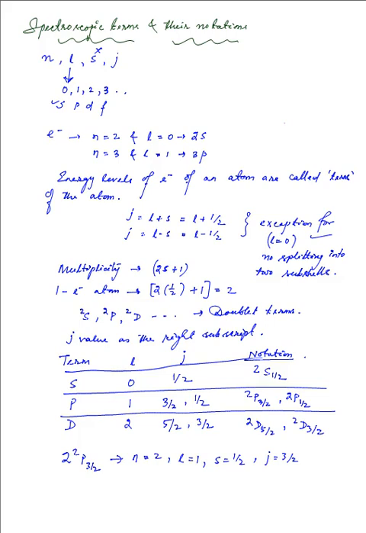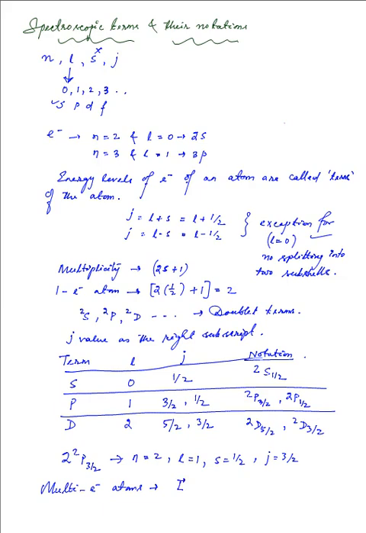Now this was for a single electron. Now in case of multi-electron atoms, what happens is that all the individual electrons couple to form a resultant angular momentum L, whose magnitude obviously is the square root of L times L plus 1, times h bar.